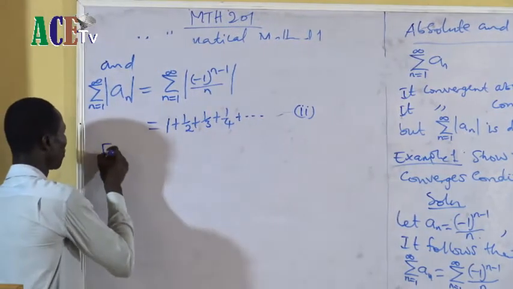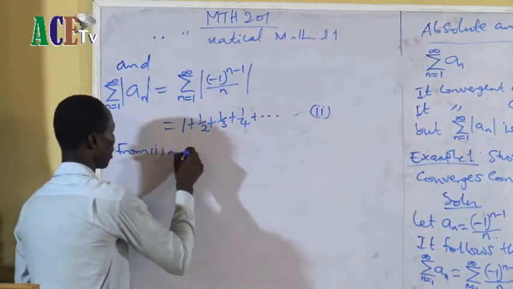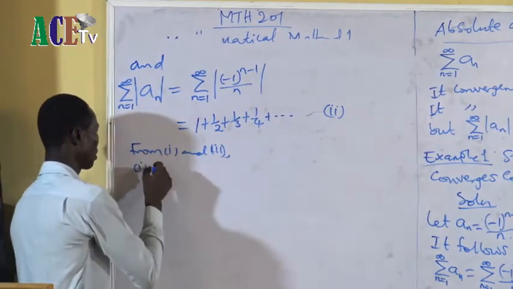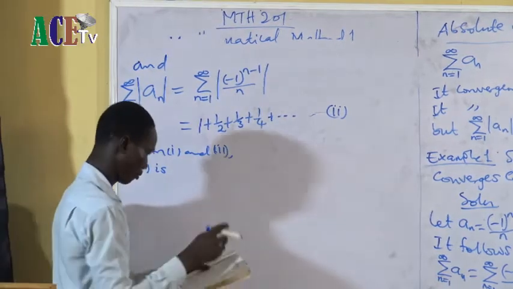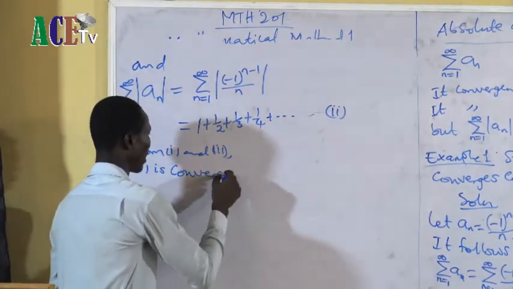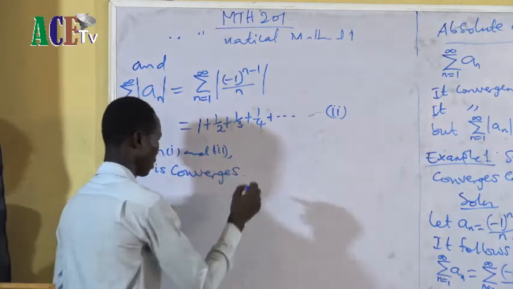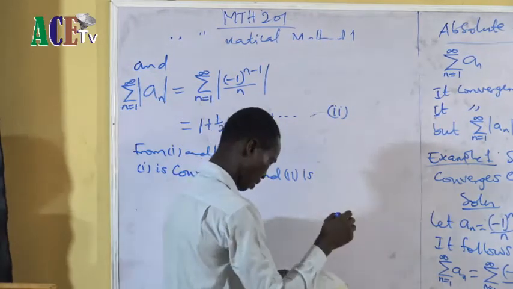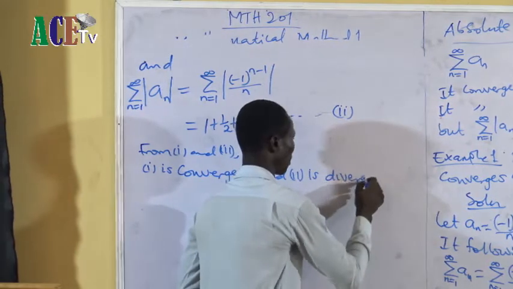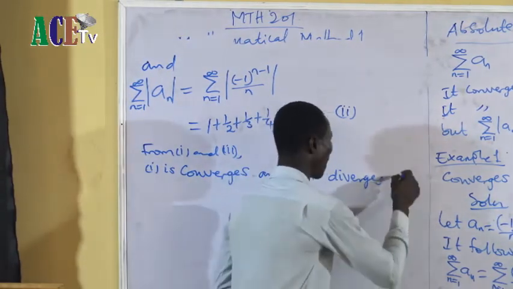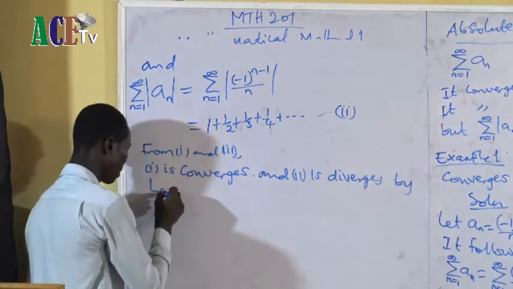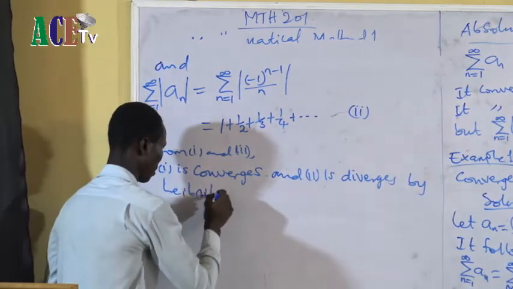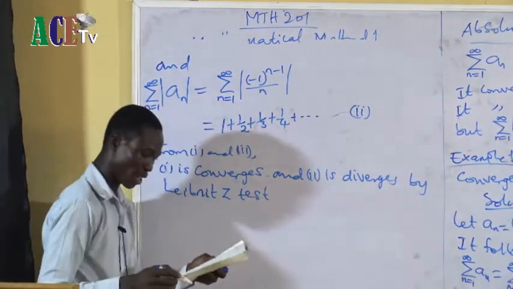I will say from 1 and 2, 1 converges, and 2 diverges by Leibniz test.